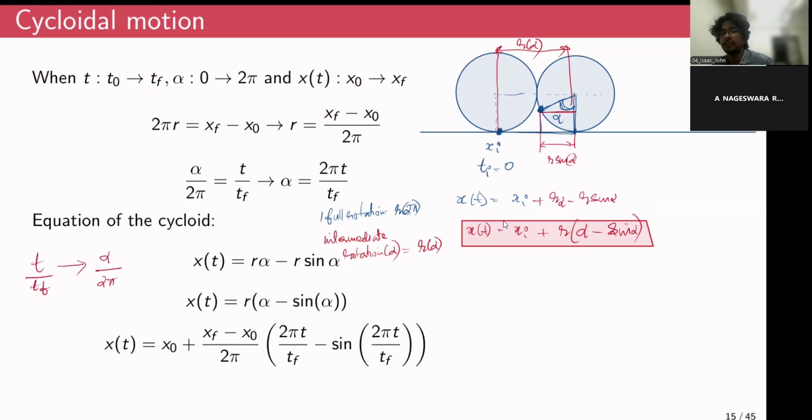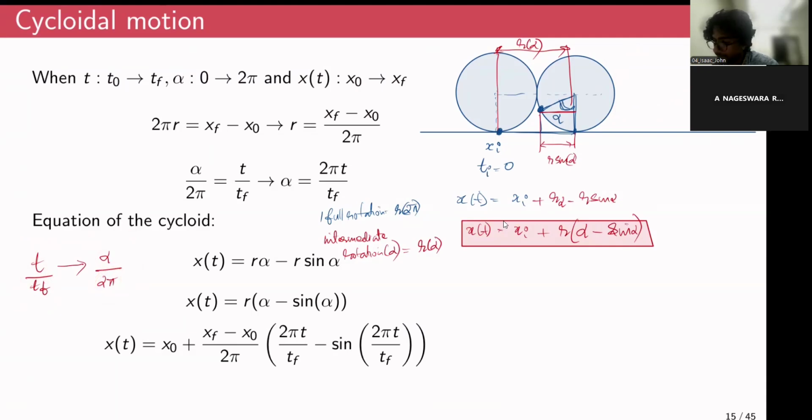So the termination time of your trajectory would be once the circle rolls one full revolution, right? So if your initial time is t0, after one full revolution of the circle, you will have this final time. So this is basically a direct proportionality relation, right? At intermediate time, the rotation would be alpha. At final time, your rotation would be one full rotation. That will be 2 pi radians.